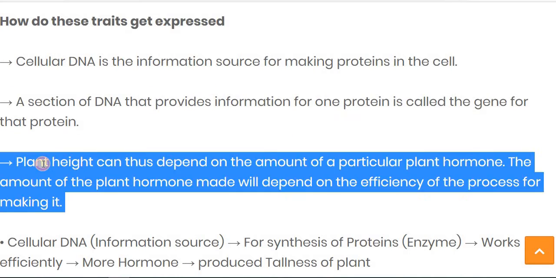For example, here you can see that plant height can thus depend on the amount of a particular plant hormone, and the amount of the plant hormone made will depend on the efficiency of the process for making it.